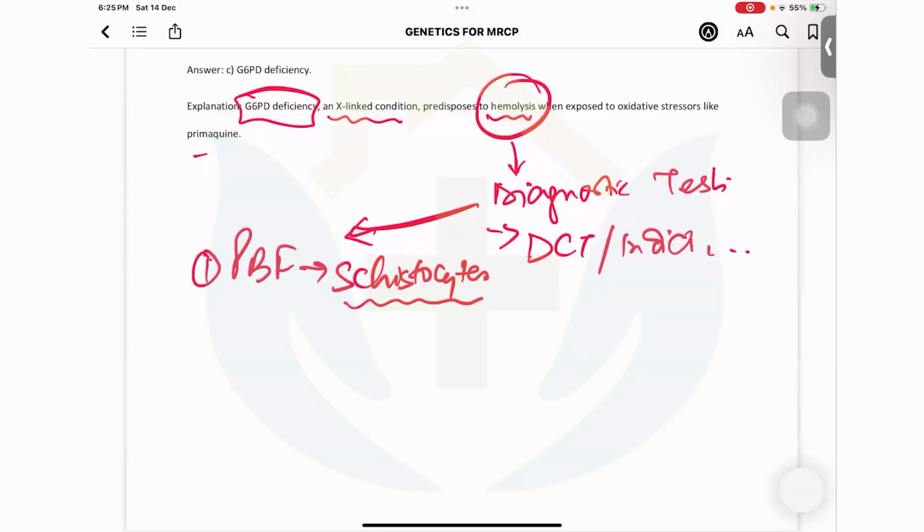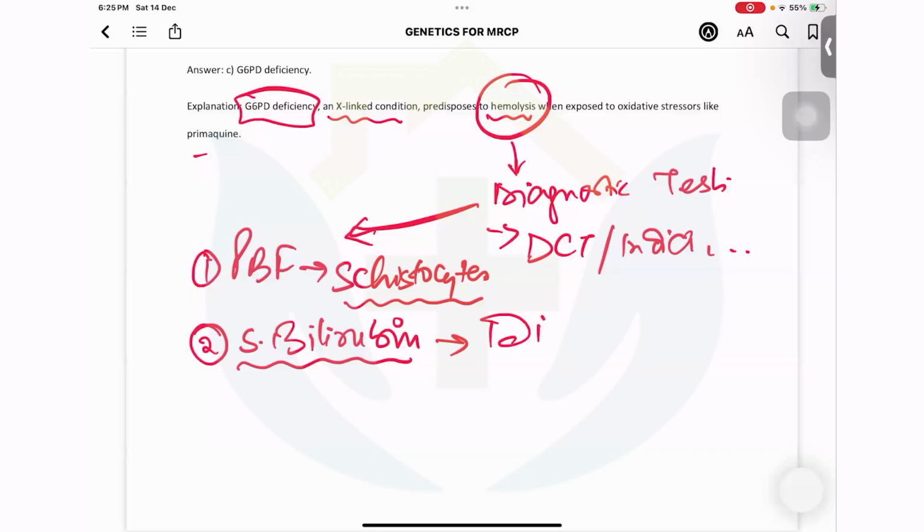Number two, if the hemolysis is happening, what will be produced? Serum bilirubin. Which fraction will be increased? Indirect. Serum bilirubin will be increased.